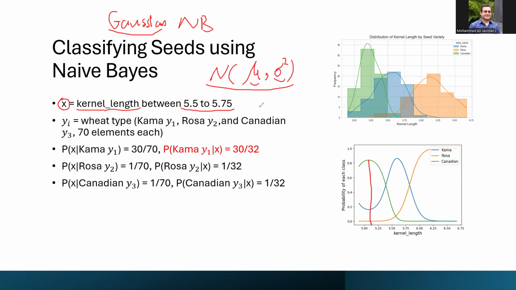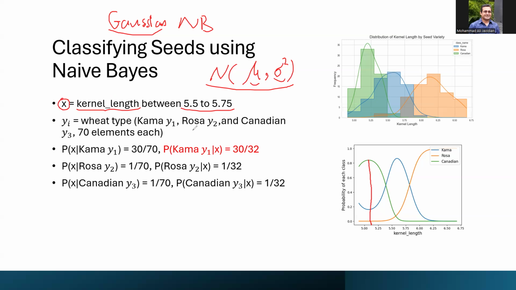Then you compute the probability distributions for each class. As you can see, we have 70 elements in each class.